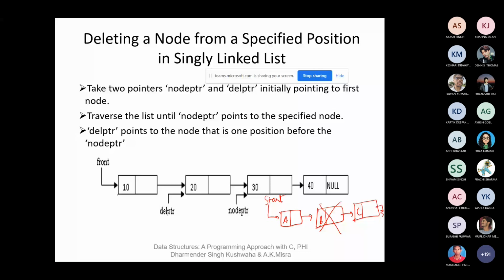Ma'am, we will traverse till B and will assign the value of B next to A next. तो हम क्या करेंगे कि firstly we traverse this part. Now this next will be assigned to this one.